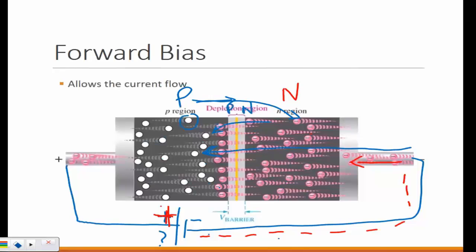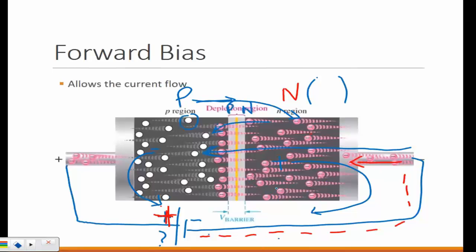Very little electrons too, meaning that some of these electrons will also be attracted, correct? They're already within the material. But what about the n region? Is it only electrons? No, there are some positive too here. So this positive will go this way too, correct? But that's extremely small compared to the actual current.